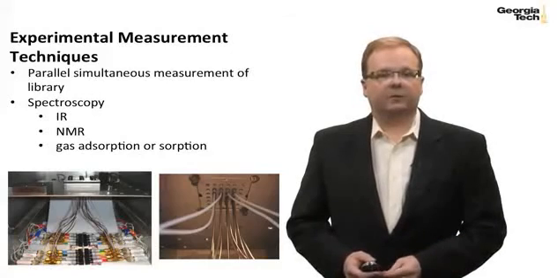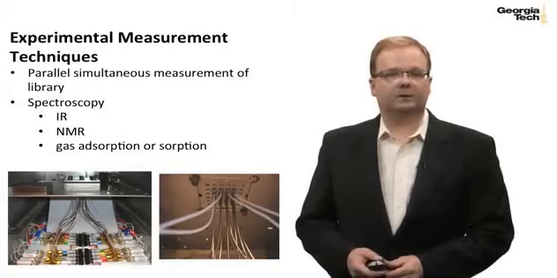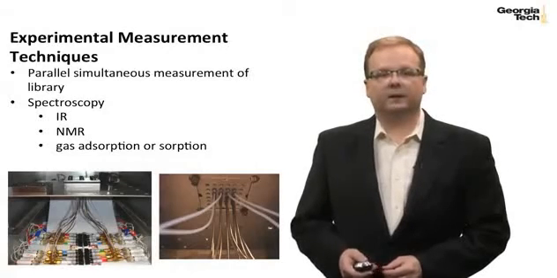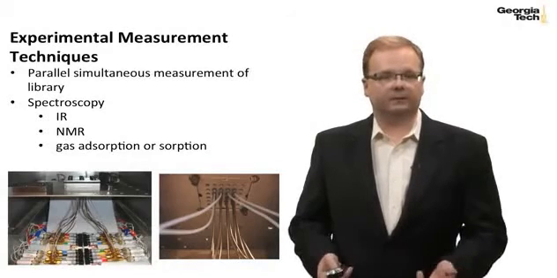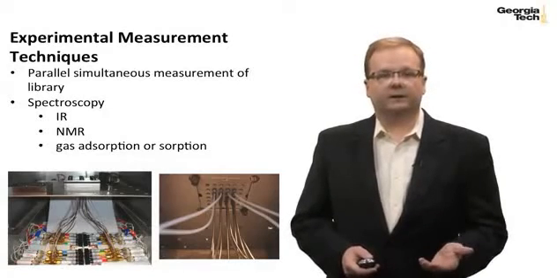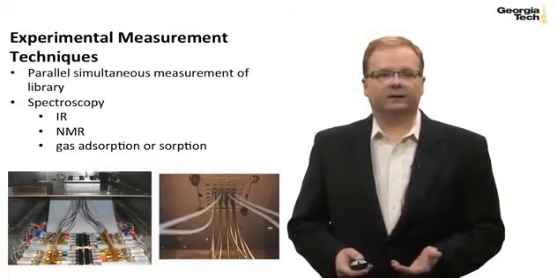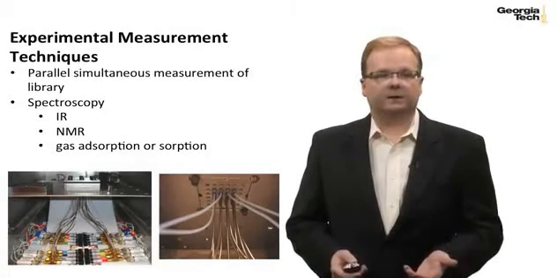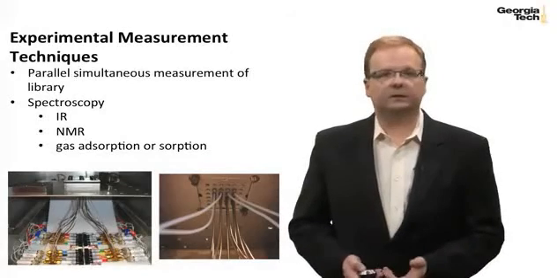An example from my own work here below is a parallel gas absorption screening instrument, where we can look at up to 36 individual specimens and look at gas absorption or sorption into those specimens simultaneously. The caveat here is that you have to have 36 sensors online at the same time, so that the instruments are oftentimes designed custom by the user to do that.